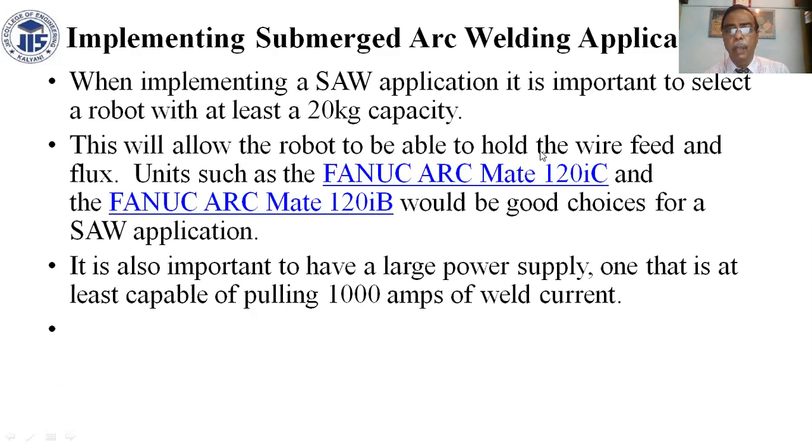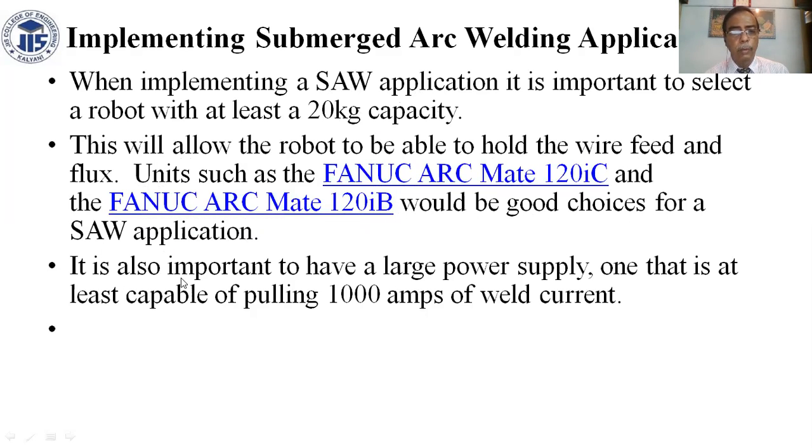Implementing submerged arc welding applications. When implementing a submerged arc welding application, it is important to use a robot with at least 25 kg capacity. This is important because it will allow the robot to hold the wire feed and flux. Units such as the Fanuc Arc Mate 120iC and the Fanuc Arc Mate 120iB would be a good choice for a submerged arc welding application.